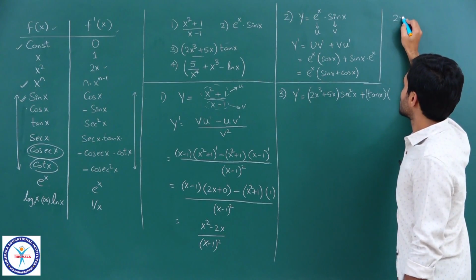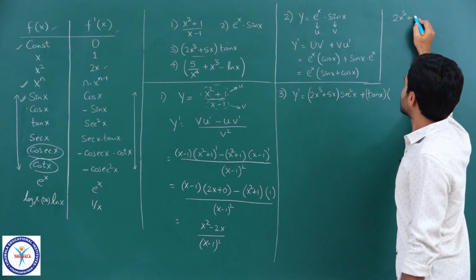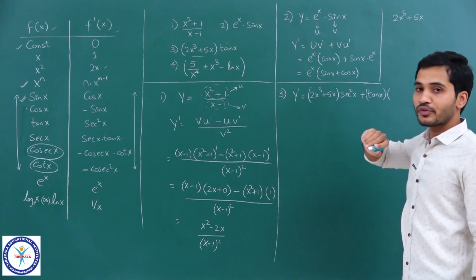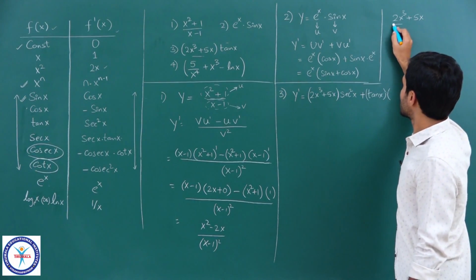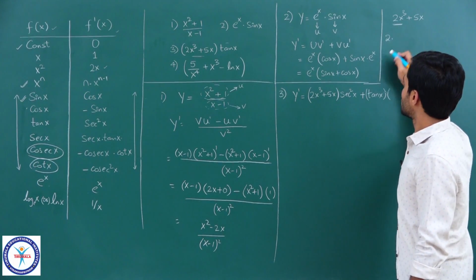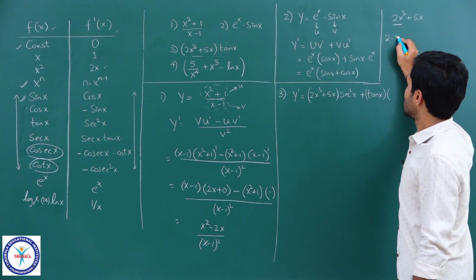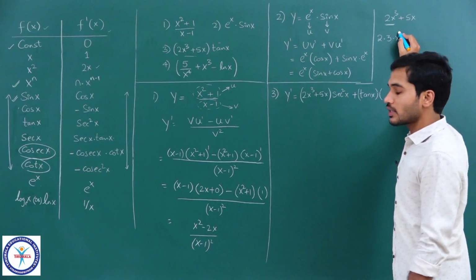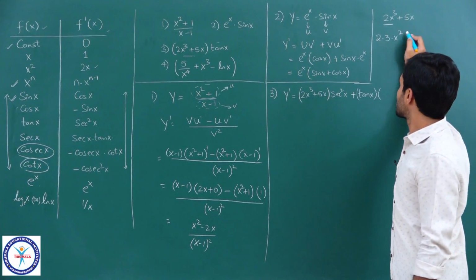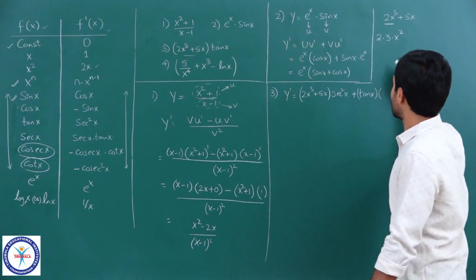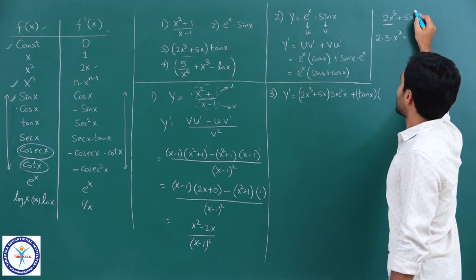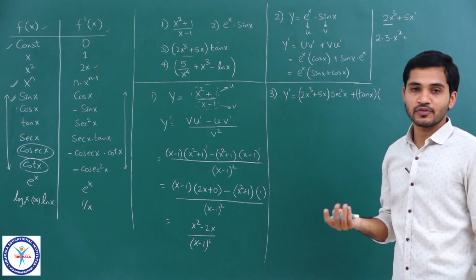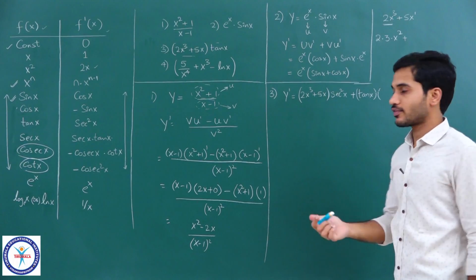So, if I have a function 2x cube plus 5x, if I have to differentiate it, you know how to differentiate this? I can write it as 2 into derivative of x cube would be 3 into x power 3 minus 1, which is 3x square, correct, plus this is x power 1, you know that the derivative of x power 1 is 1 itself, right.